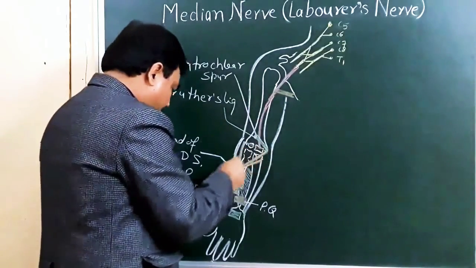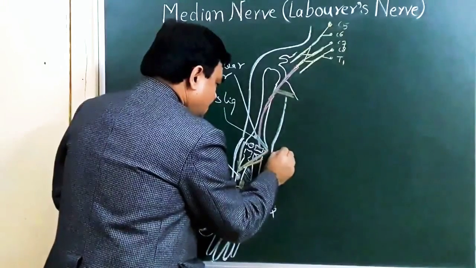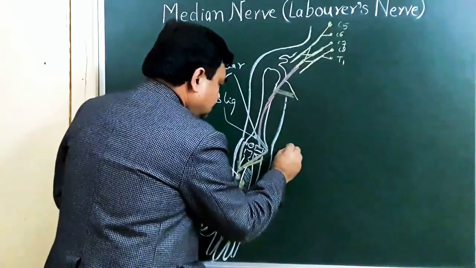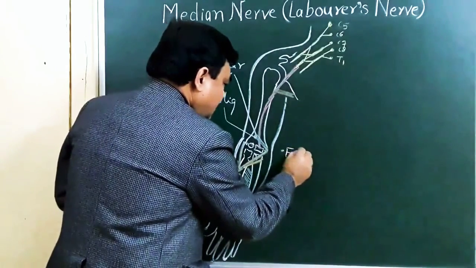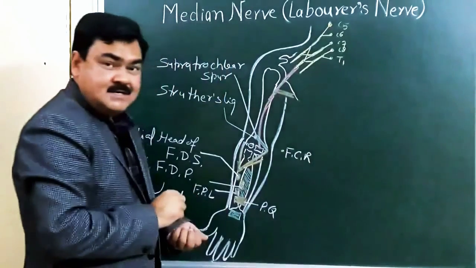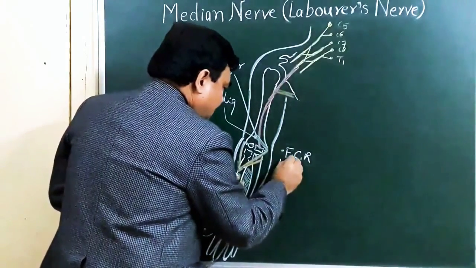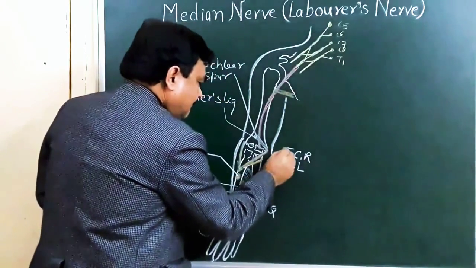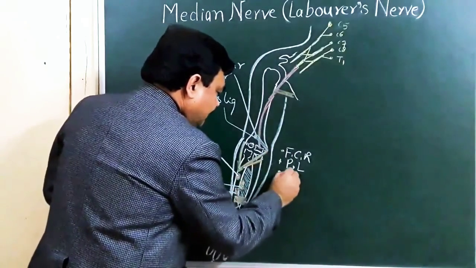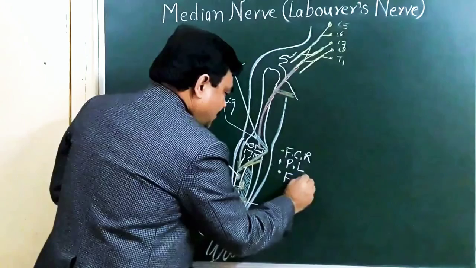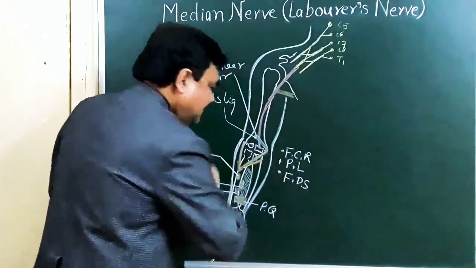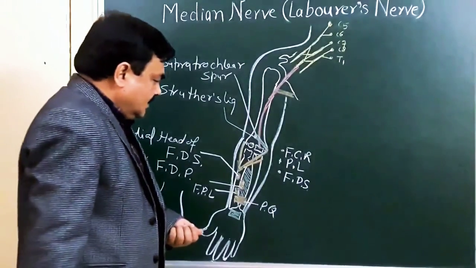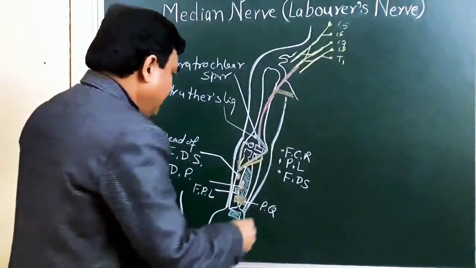The muscles that take origin from here are flexor carpi radialis, palmaris longus, and flexor digitorum superficialis.